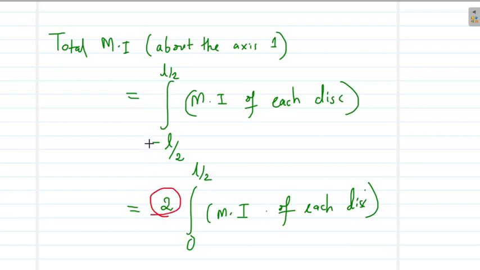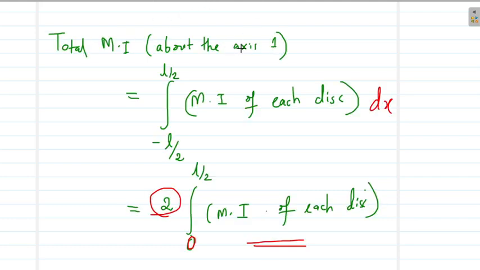So the integration from minus L by 2 up to L by 2 of the moment of inertia of each disk, dx, is the same as 2 times the integration from 0 to L by 2 of the moment of inertia of each of the disk. So we will be using this simpler method to find the total moment of inertia.